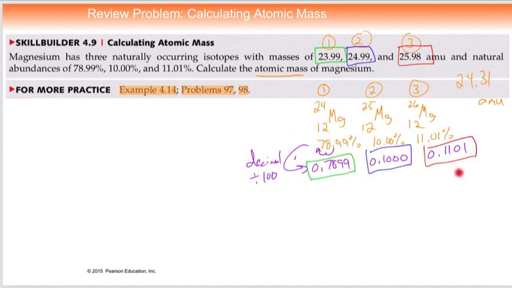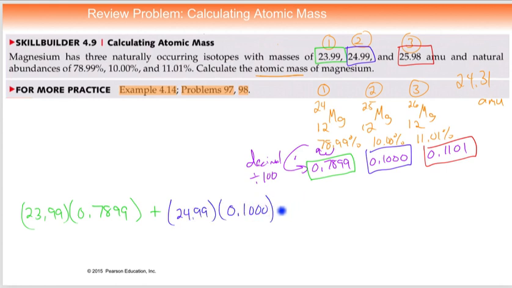So basically what you're doing is you're adjusting the contribution to the average based on the mass and the percent of that mass. So just do it a step at a time. And then you're adding up each one of these products. And I'm dropping the unit there just for convenience.